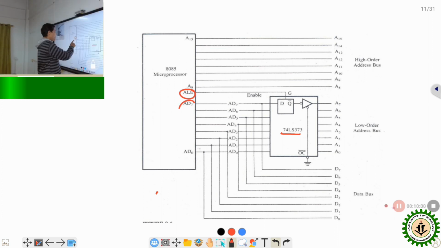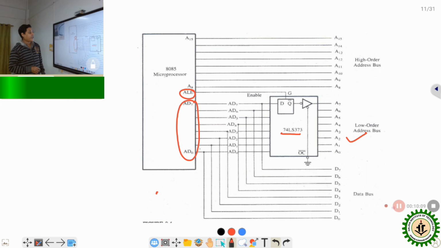So whatever signal is present on the lines AD0 to AD7 is available at the output of the latch, and these lines are now named A0 to A7. So the signal of AD0 to AD7 present at the time of T1 with ALE on is latched into the 74373.